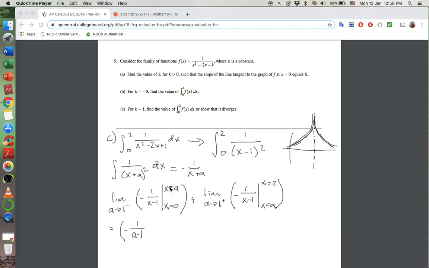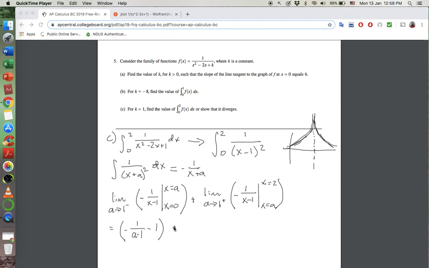We're going to plug in this value for x, and then we're going to subtract from that this value from x. So we've got negative 1 over a minus 1, and if we plug in 0 for x, we've got 1 over 0 minus 1, or negative 1, times negative 1, which equals 1, but remember we're subtracting because it's the bottom part of the integral here, so we're subtracting 1.